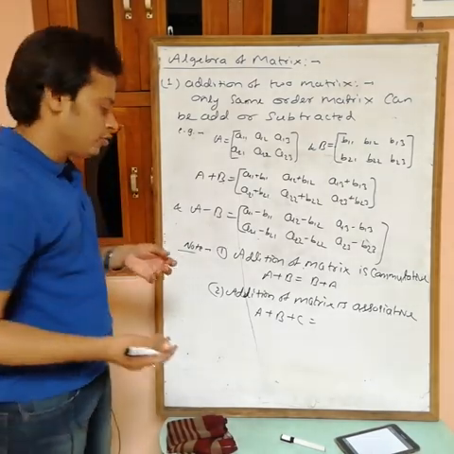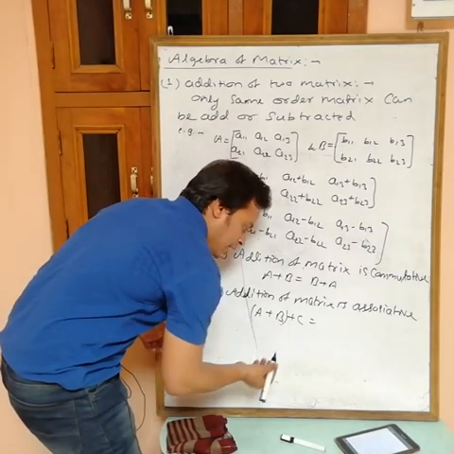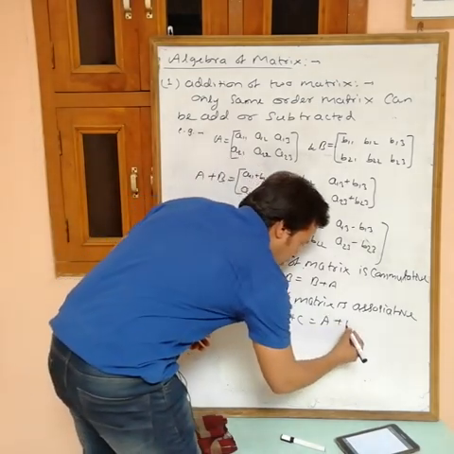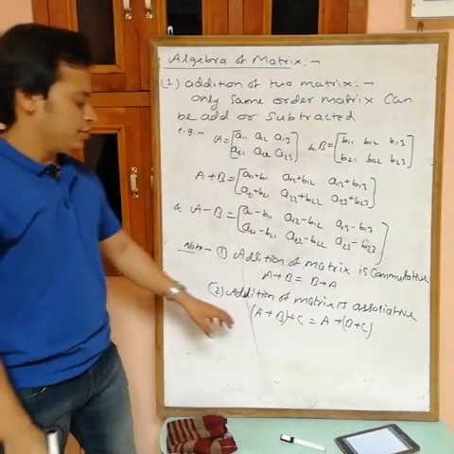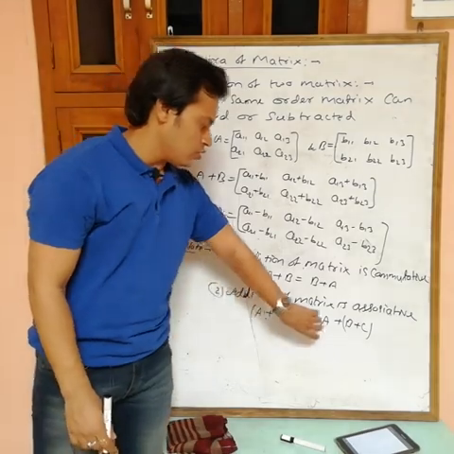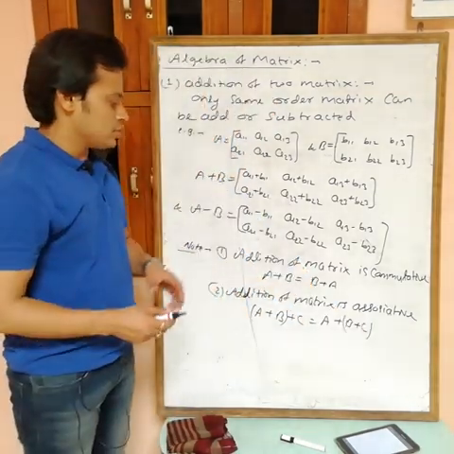So associative means first add A plus B, or first add the last two, both will be the same. First add the first two or add the last two first, from both you will get the same result. So this is associative also.